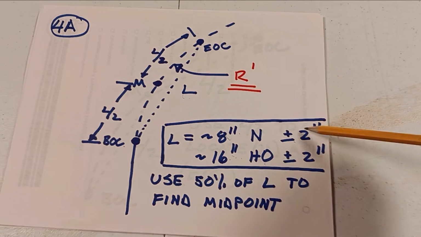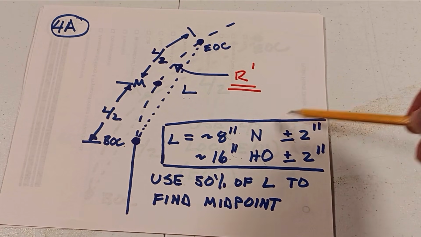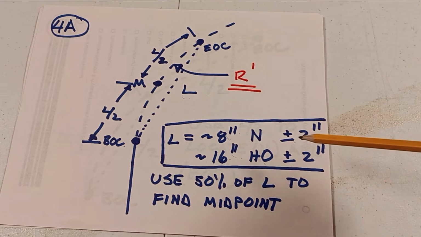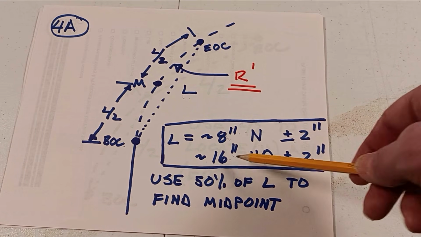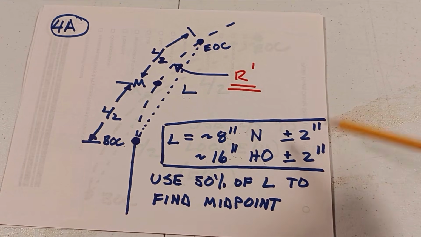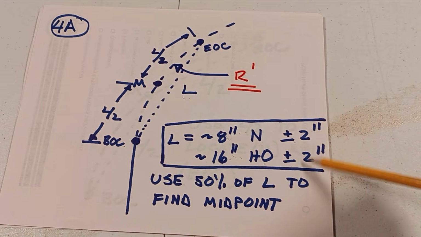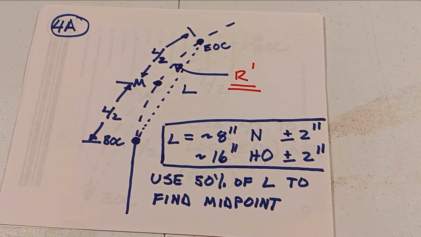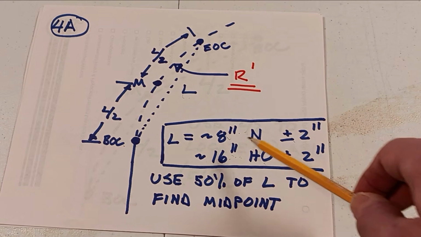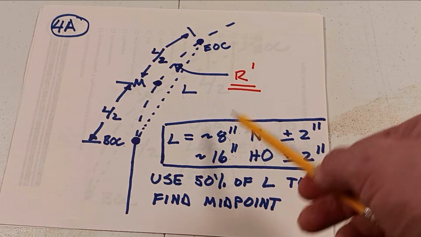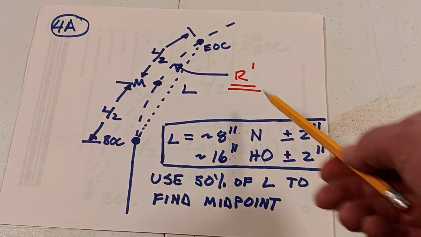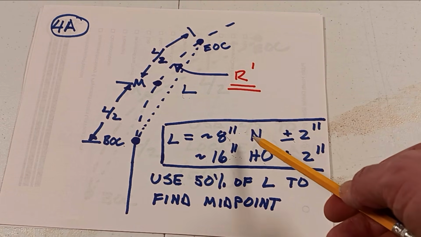And then for broad curves, you're going to want to go a little bit larger. So in N scale, this easily could be an 18-inch radius, and then a 36-inch radius in HO, for example. You want to go a little bit on the larger side. Now, if you're trying to do a curve and you say, I should be 8, but I can only get, say, 5 or 6 inches out of it, that is okay.